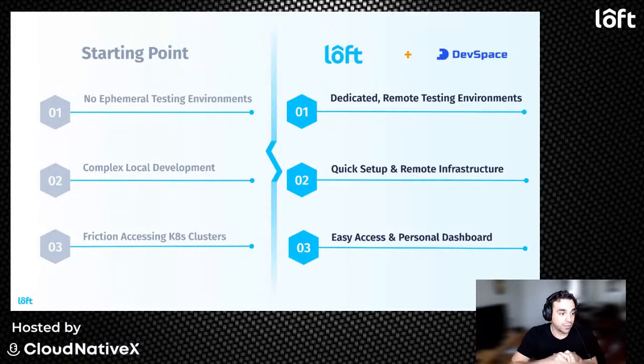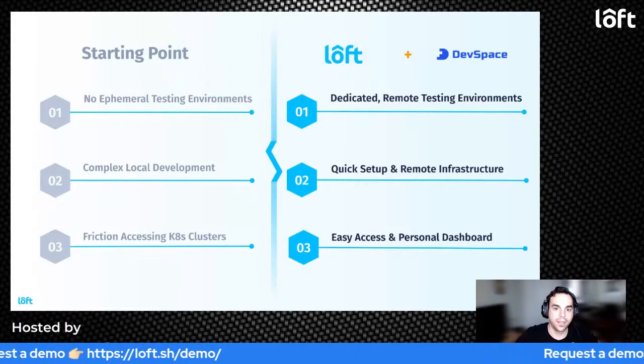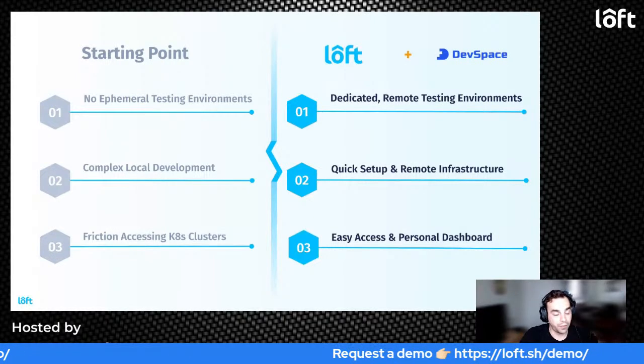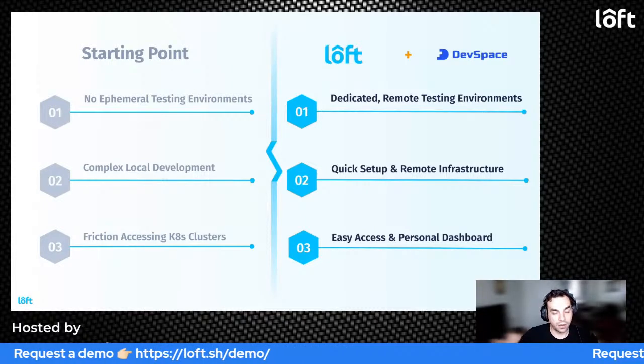I think there's still a lot more benefit that we can unlock with working with Loft and DevSpace. And a really important learning from what we were implementing here is that getting the initial implementation up and running is fairly straightforward. The DevSpace YAMLs are very similar to how you would configure Docker.